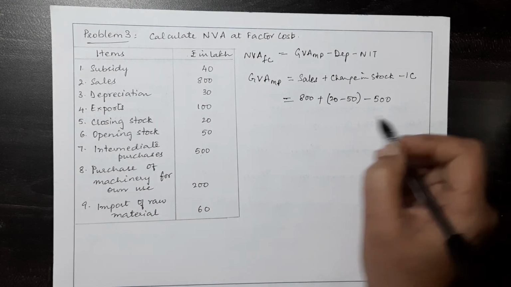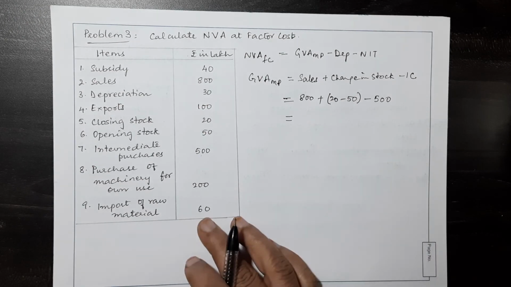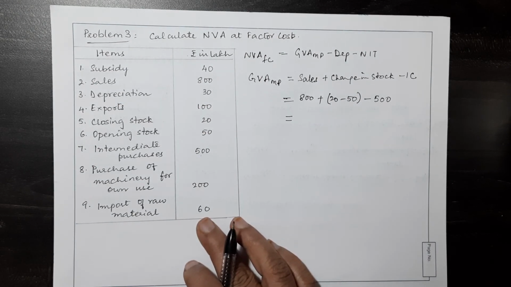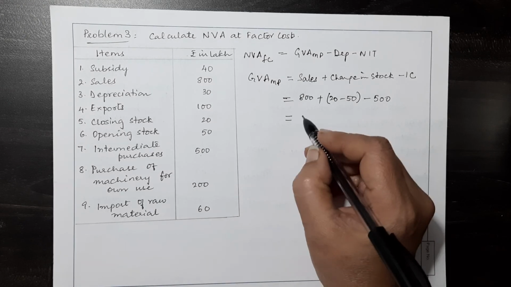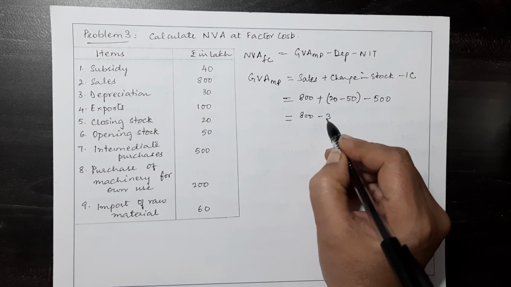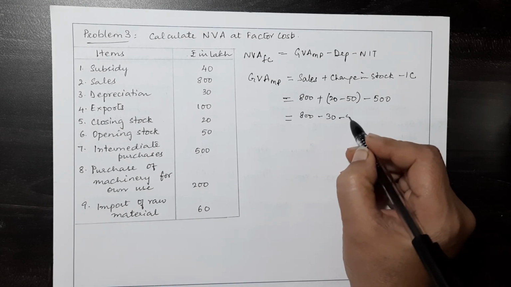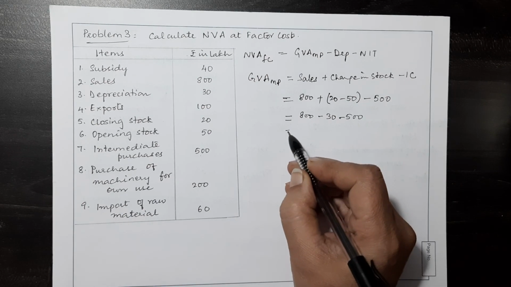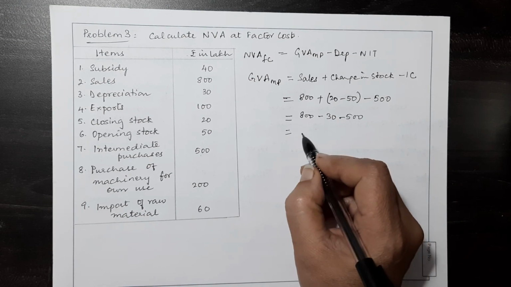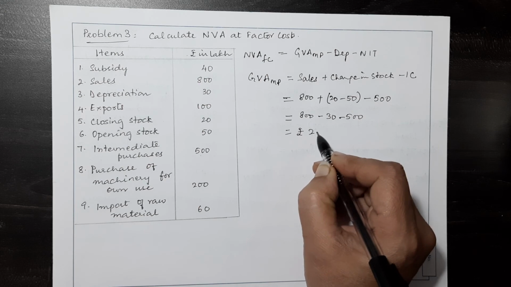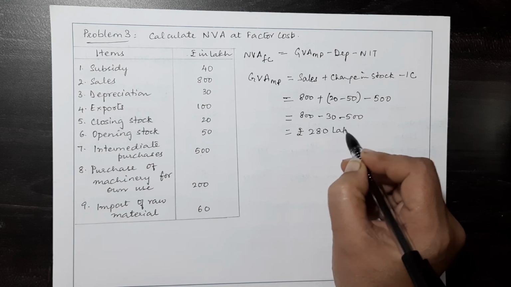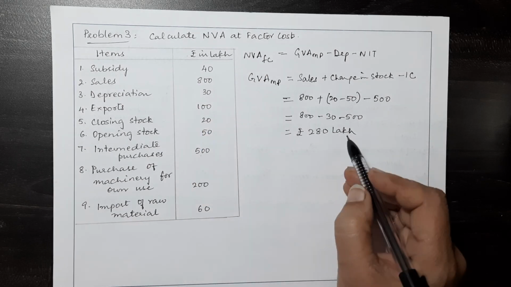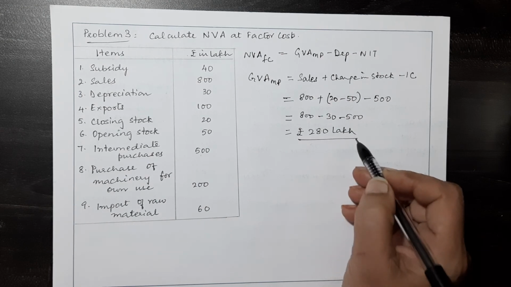So 500. Here, this will be equal to 800 minus 30. This gives us minus 30 minus 500. So minus 530, which will be equal to rupees 280 lakh. Okay, since this is given in lakhs, we will write lakh. So this is our GVAMP.